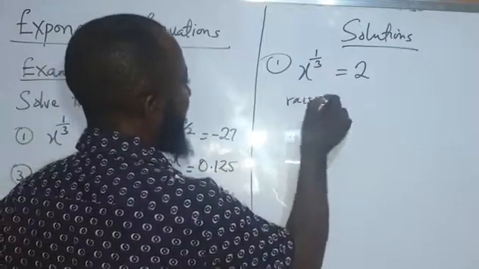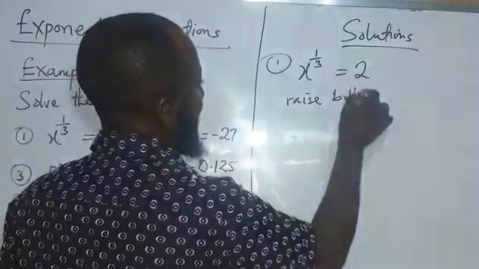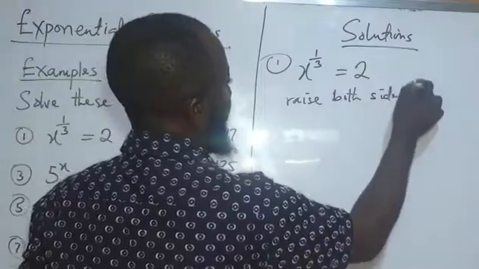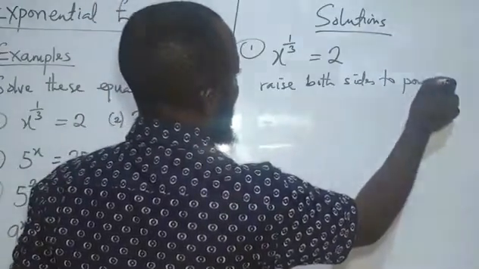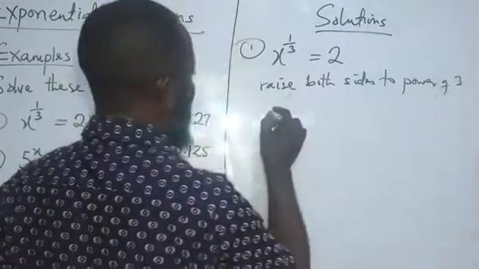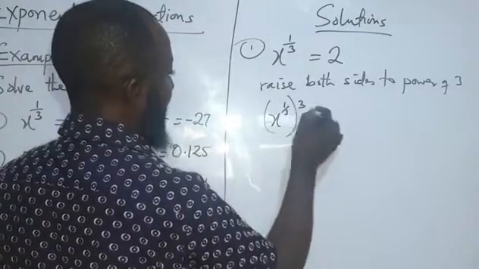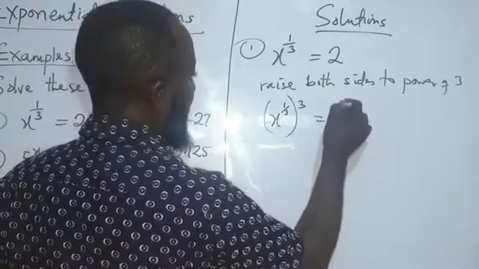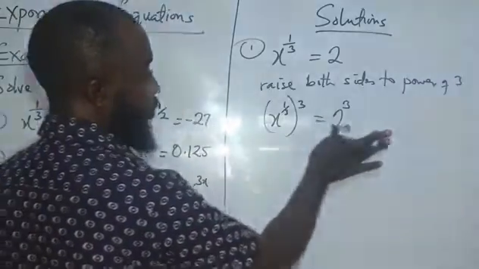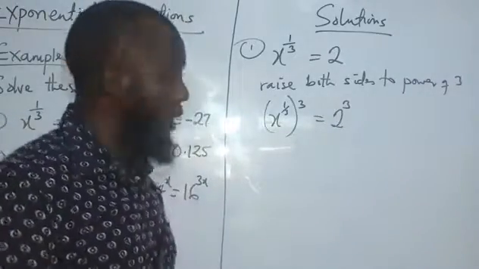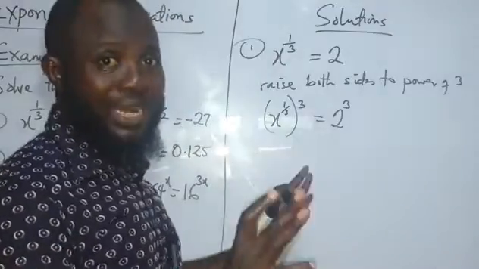So that means I'm saying that x raised to power 1 over 3, raised to power 3, equals 2 raised to power 3. Whatever is done to this side must be done to the other side. That is what an equation is all about. So you must balance the equation.